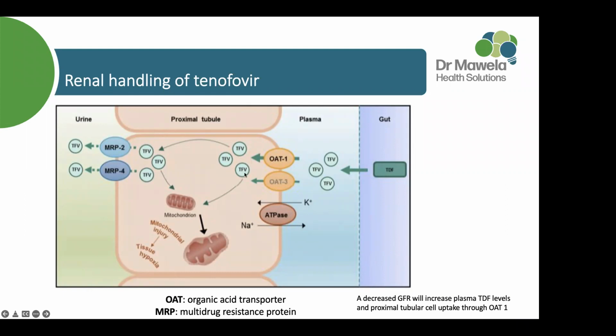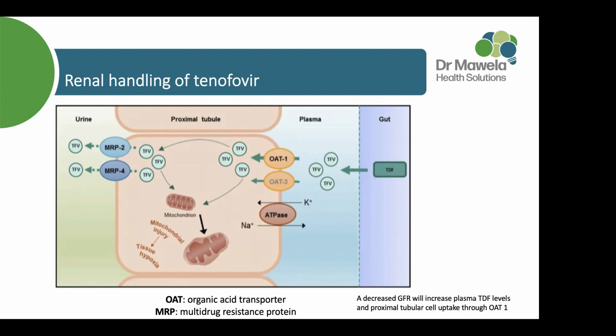So if you think of it, if a patient has a low eGFR, right, that is likely to increase plasma TDF levels. So because of dehydration or whatever the issues are, remember, if your GFR is decreased, it means the excretion is slowed down.